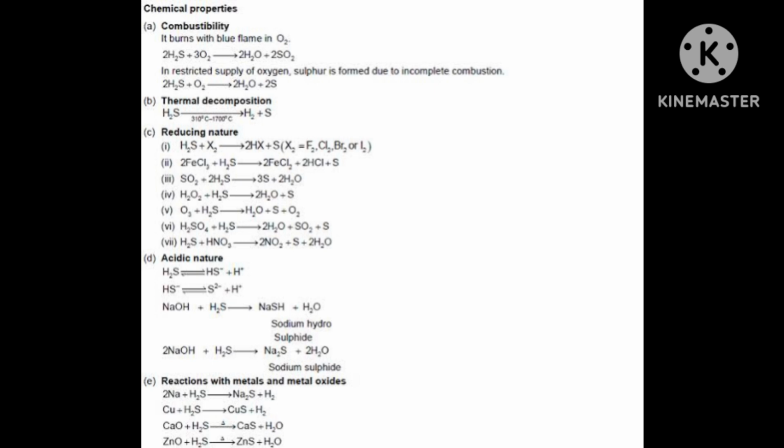These fluorides have sp3d hybridization, 1s, 3p, 1d, total 5, and thus have a trigonal bipyramidal structure.